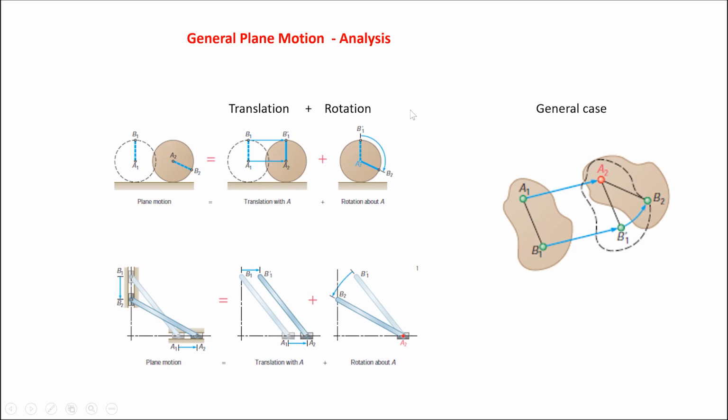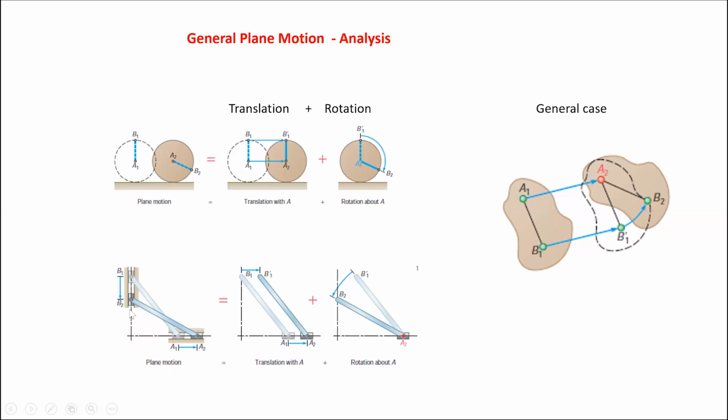You might ask, sir, is it really doing it in steps? Is it first translation and followed by rotation? No, it's not necessary. All these two things can work simultaneously. You can even say that this is delta x and delta theta. So delta x and delta theta can be very small, so almost occurring simultaneously.